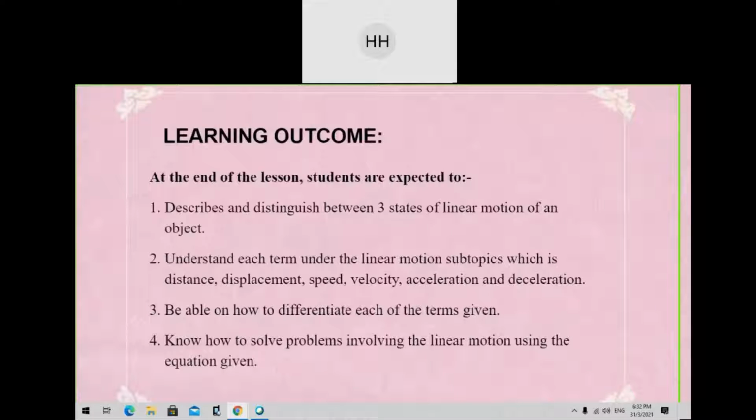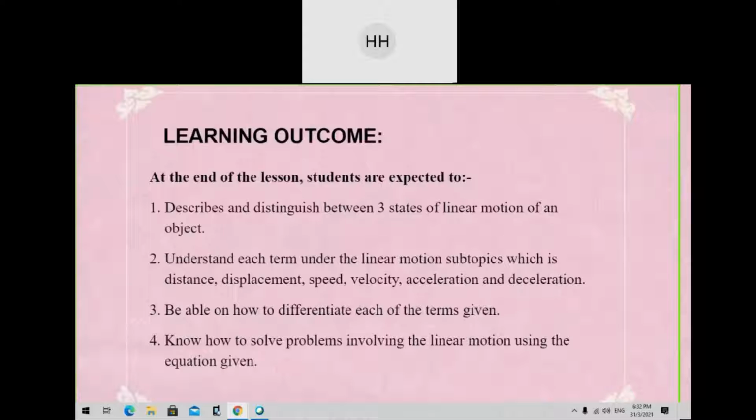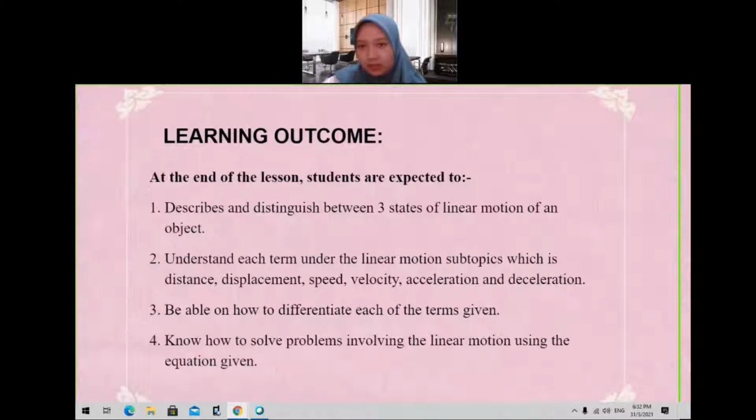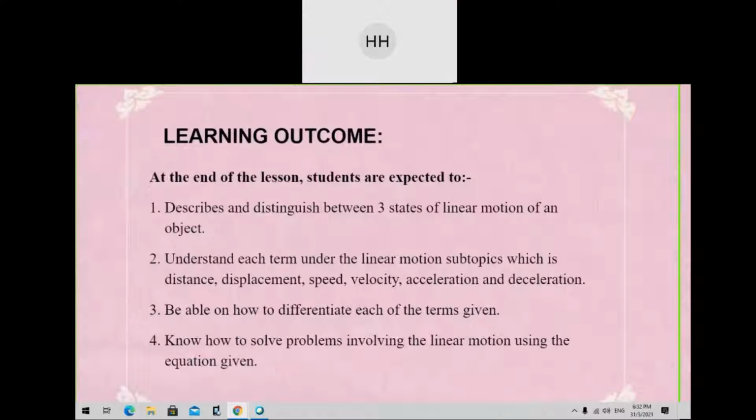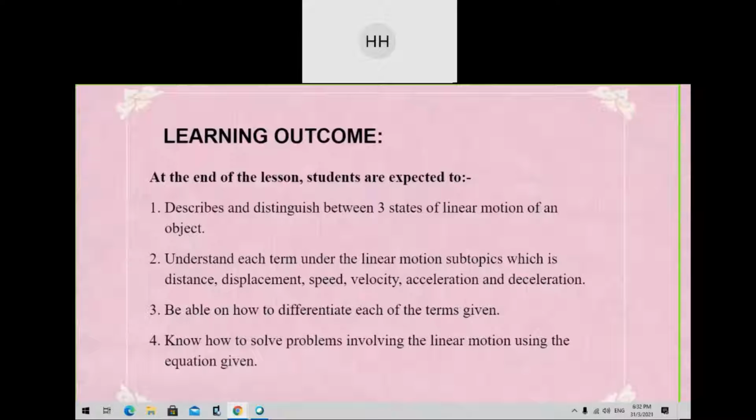Okay, guys. So the video that you watched is very related to our lesson for today. This is the learning outcome for our topic, which is I expect that you can describe and distinguish between three states of linear motion of an object, and also understand each term that we will use under the linear motion subtopic, which is distance, displacement, speed, velocity, acceleration, and deceleration.